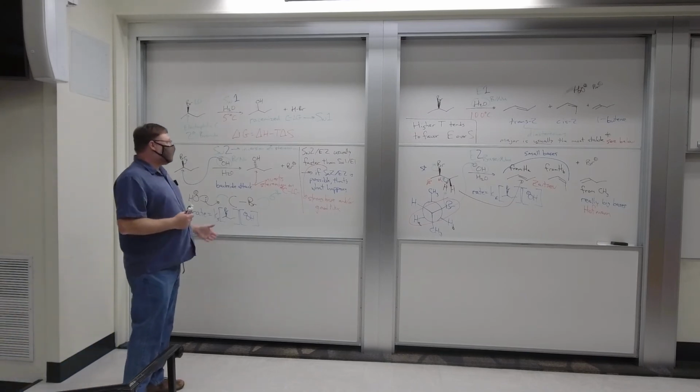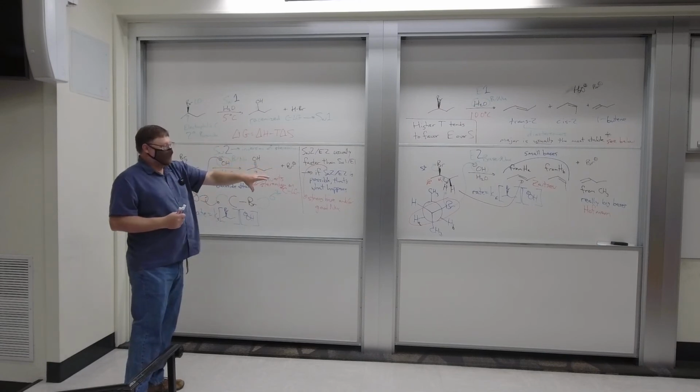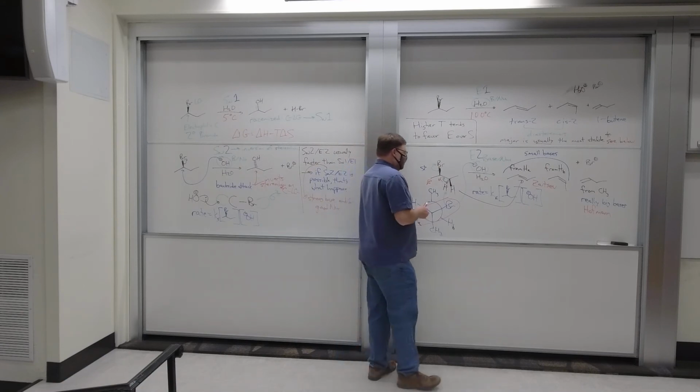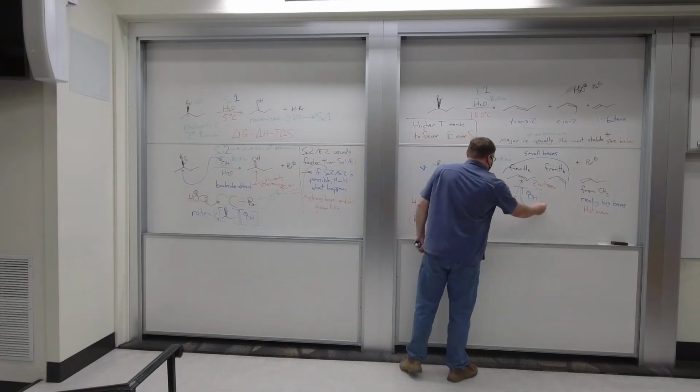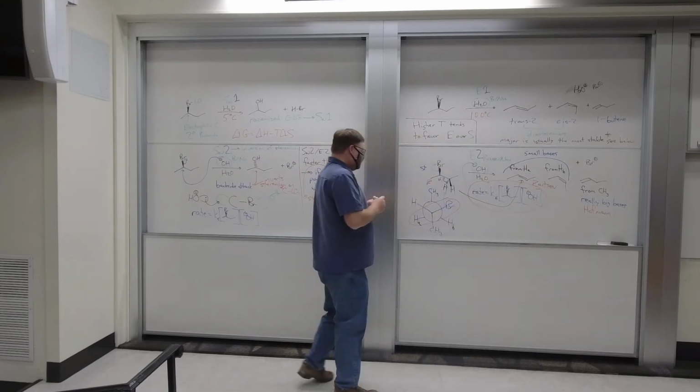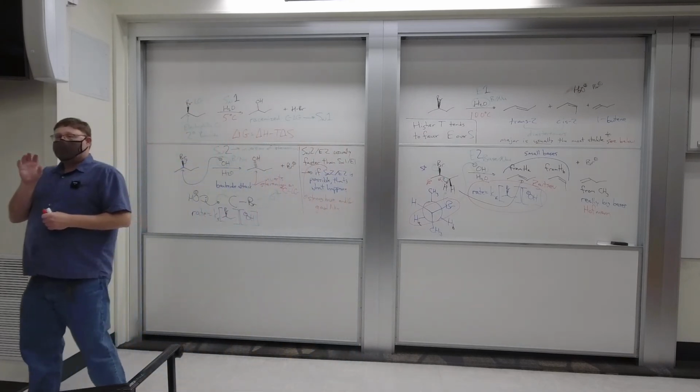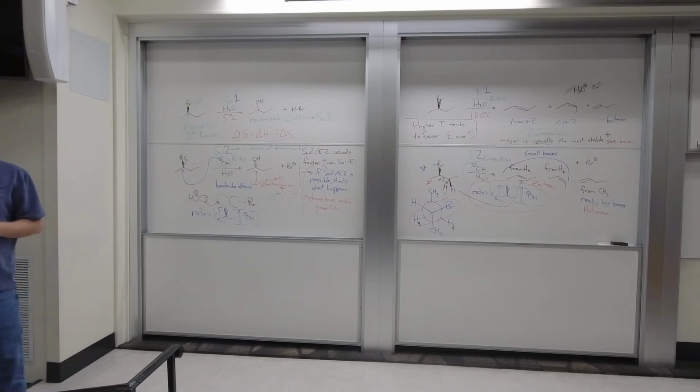So let's leave E2 then, okay? SN2 and E2 are concerted. They have a bimolecular rate law, a single-step mechanism. There are stereochemical requirements for it, right? E2, we have to abstract a proton anti to the leaving group.